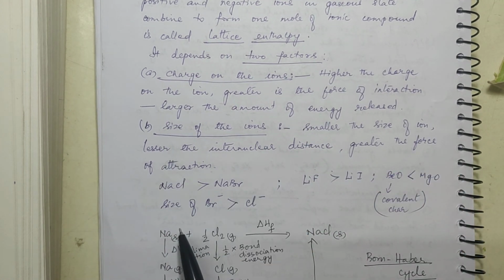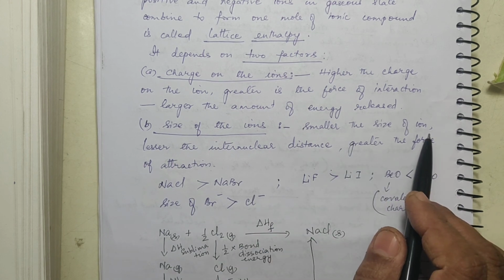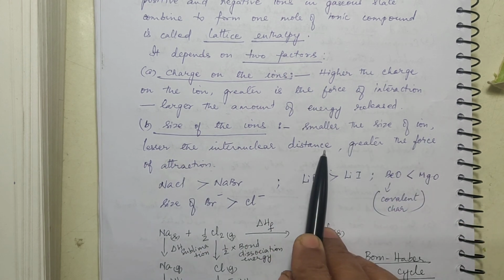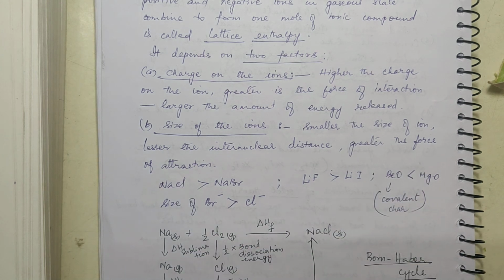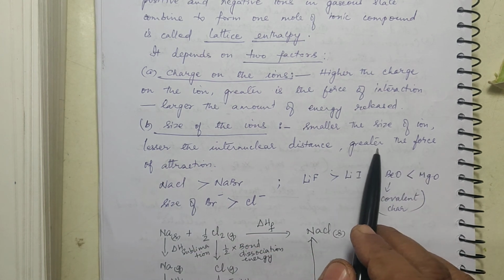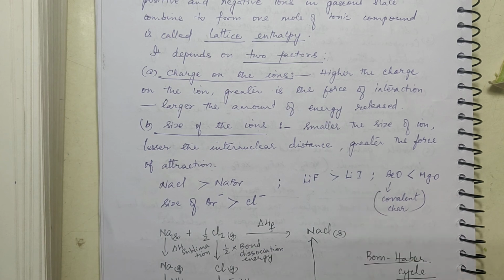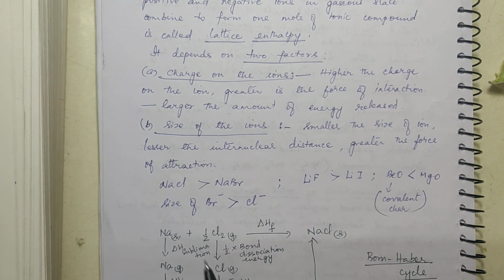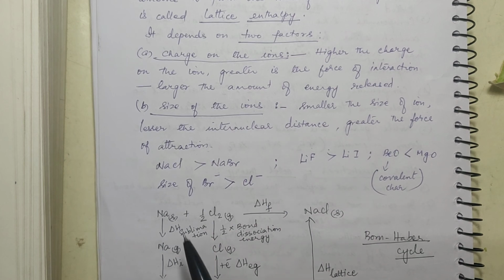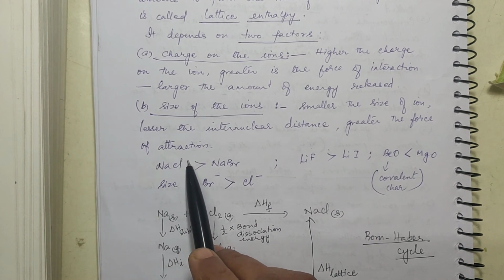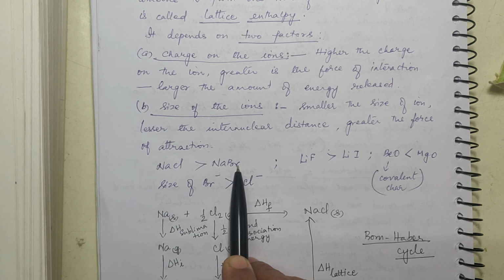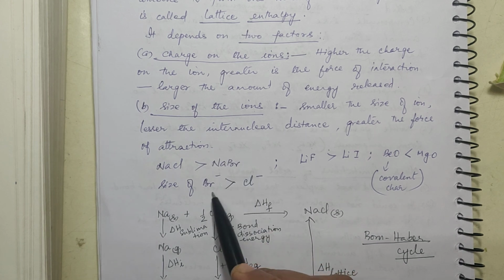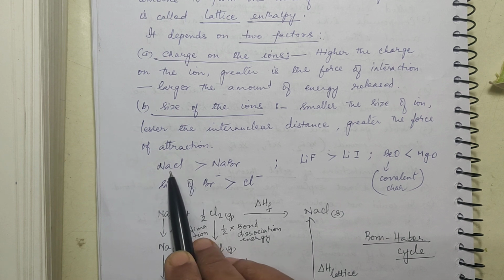Then size of the ions. Smaller the size of ion, lesser the internuclear distance, greater the force of attraction. The internuclear distance is less, then the force of attraction will be greater. So based on that, you can give some examples. The lattice energy of NaCl is greater than that of NaBr. Why? Because Br minus is having bigger size than Cl minus.